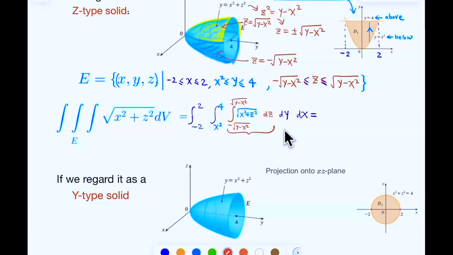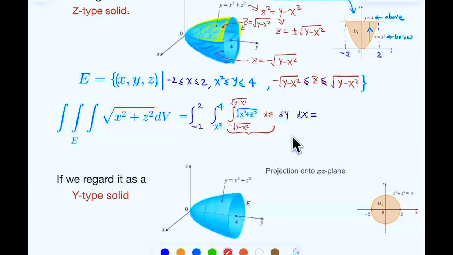Okay. However, let me tell you, this integral is extremely difficult to evaluate. Can you see? It looks very innocent, right? However, it's actually extremely difficult to evaluate. Okay, trust me. If you can fight through this, let me know how you did it. Okay.